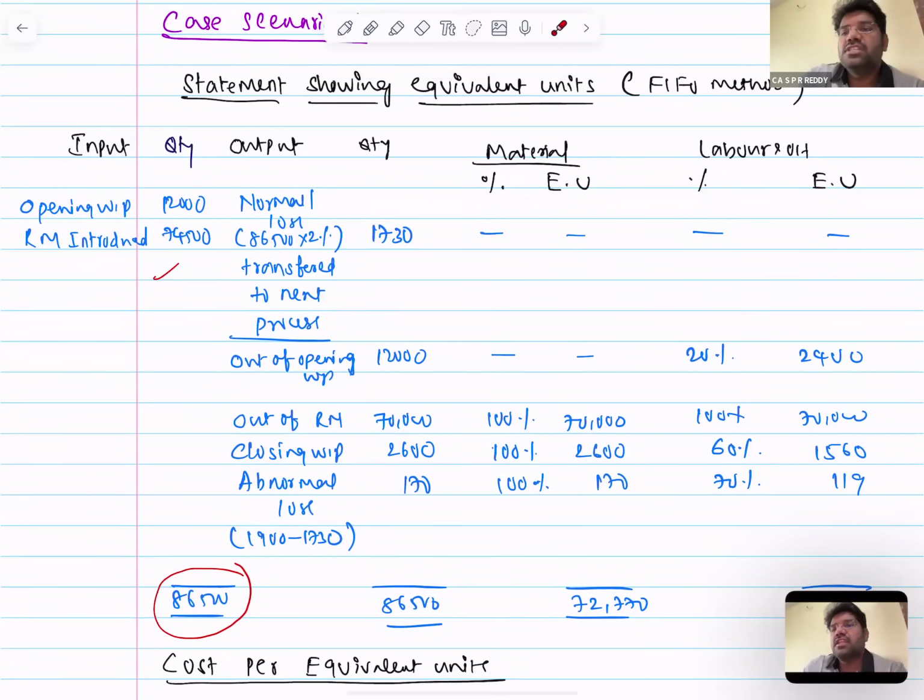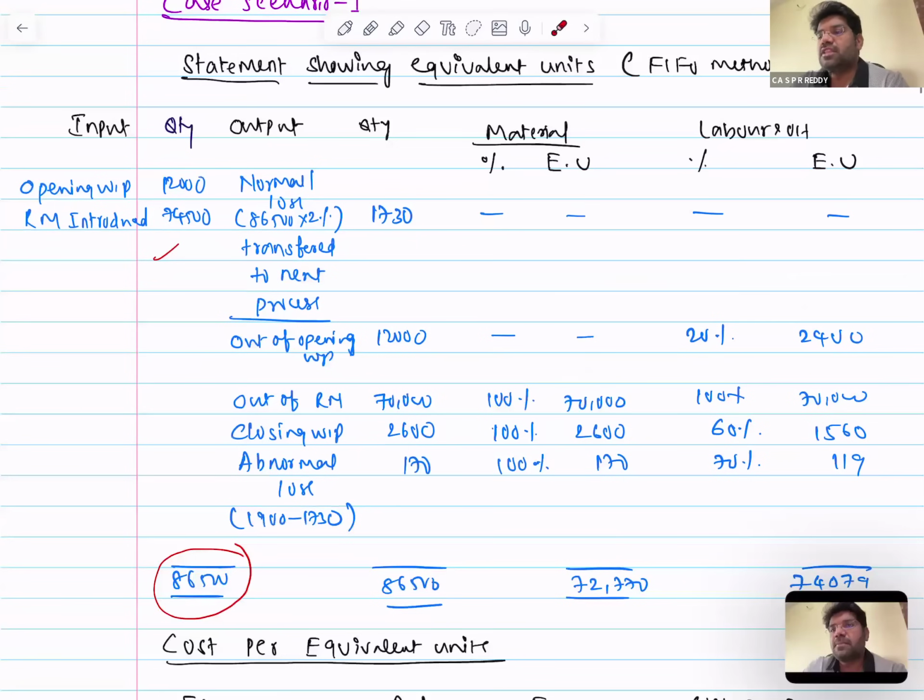Then how many units are transferred to the next process? 82,000, which is not given directly in the question. So how to get the units completed during this period? Total input, opening WIP plus raw material introduced, minus closing WIP, minus the scrapped units, you get the units completed during this period.